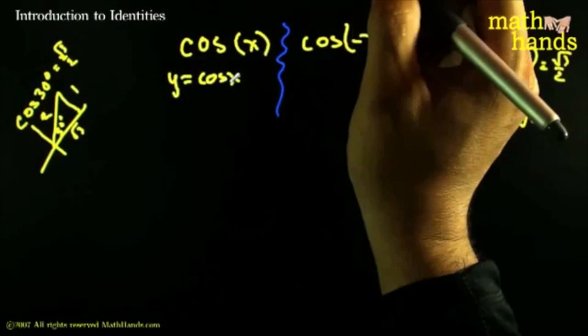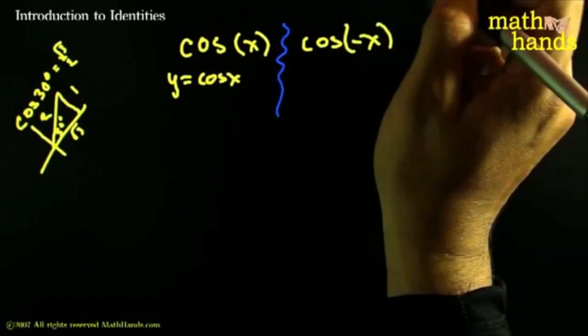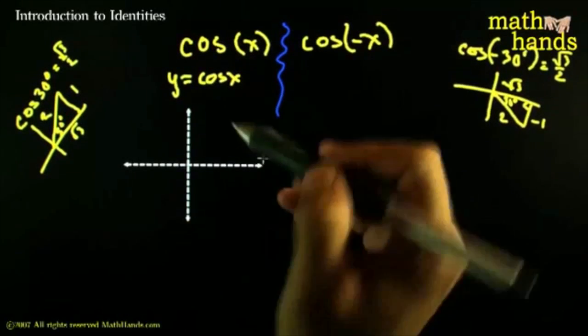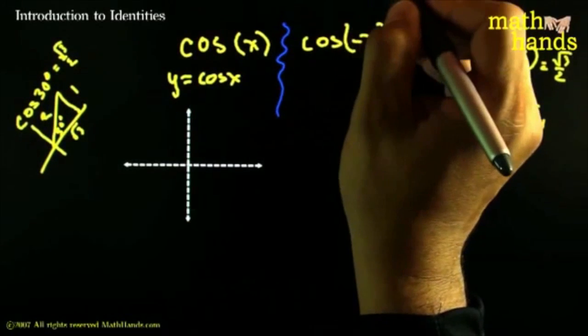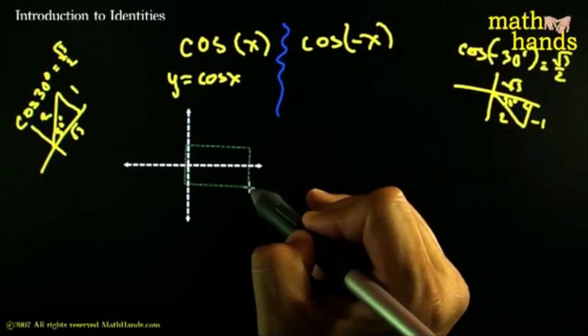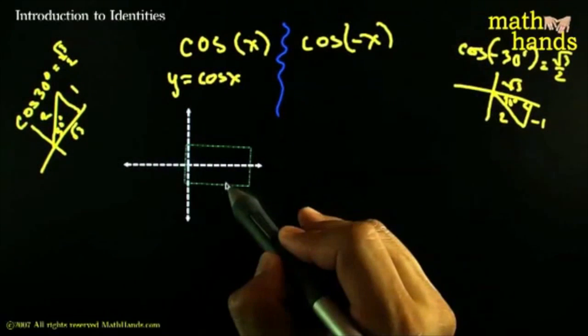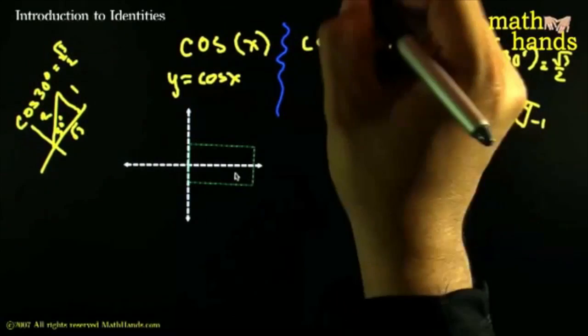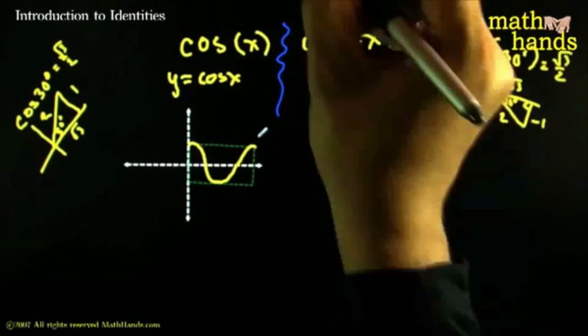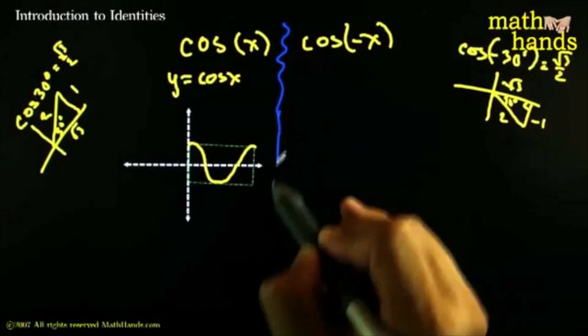And you say to yourself, well, that graph is easy. We're masters at graphing now, remember? We draw the little box here. It goes from 0 to 360. You remember, right? And the cosine goes like this. And we still don't know if they're equal. Let's do the other one.